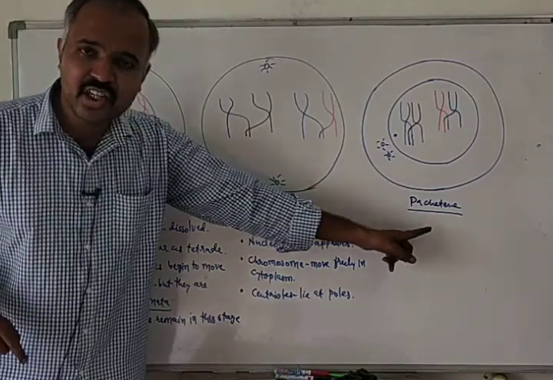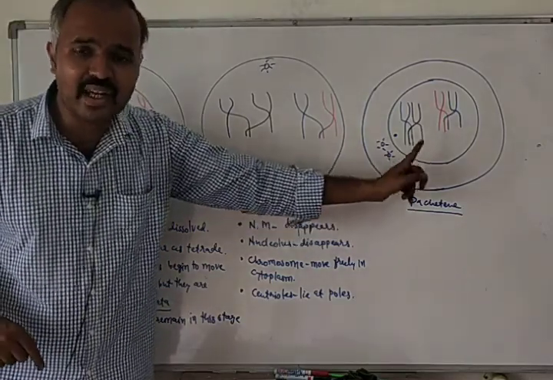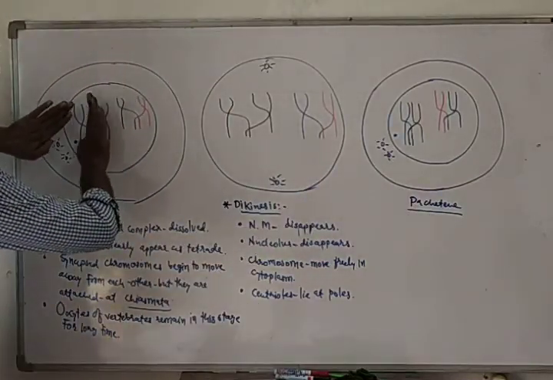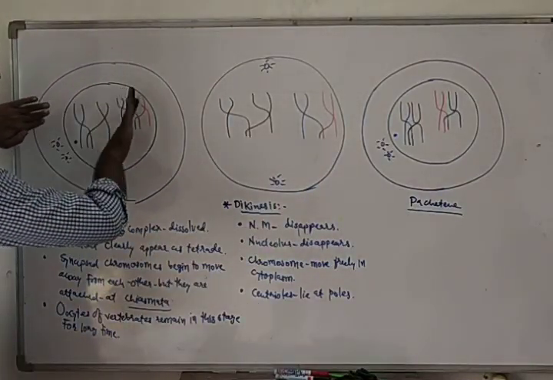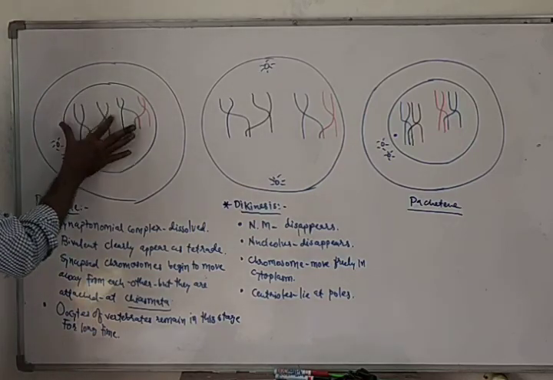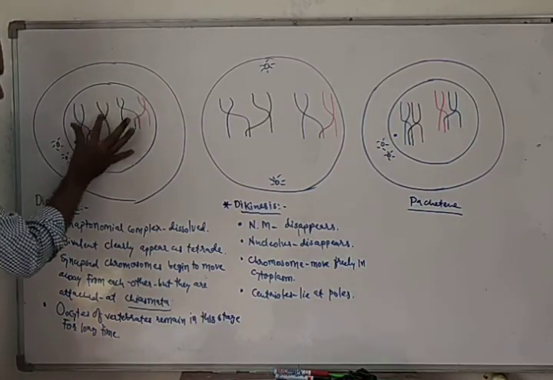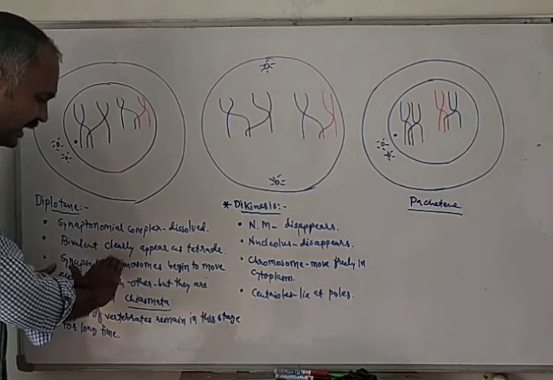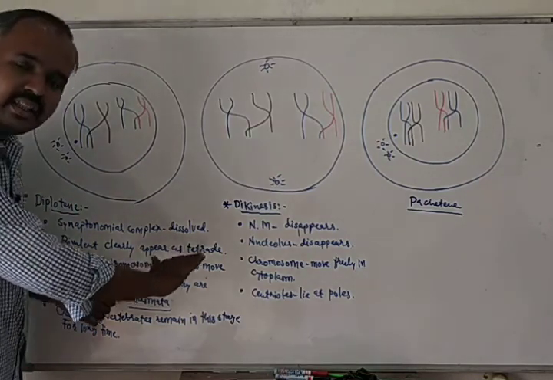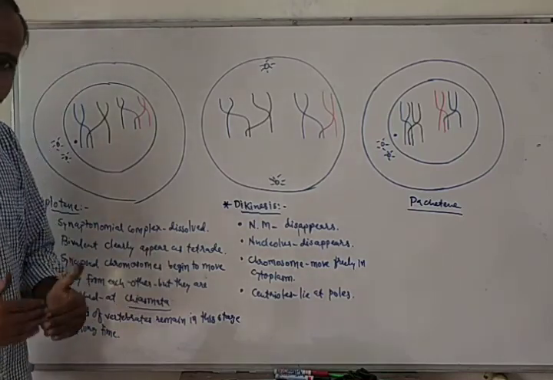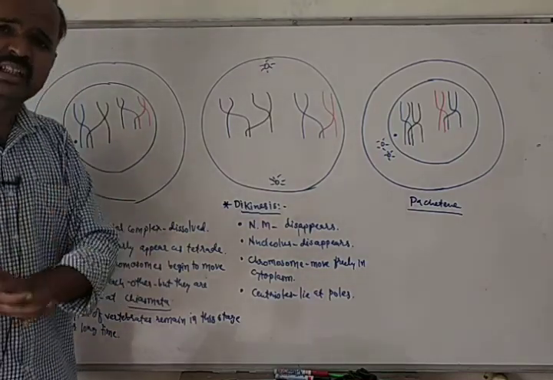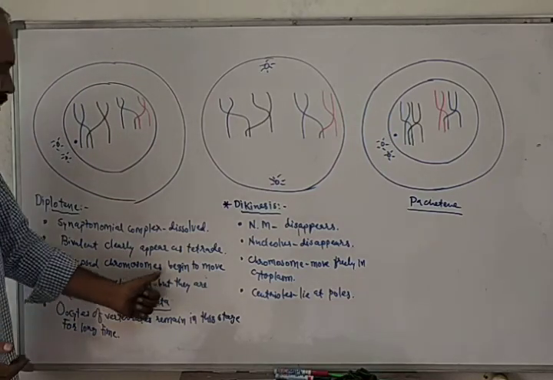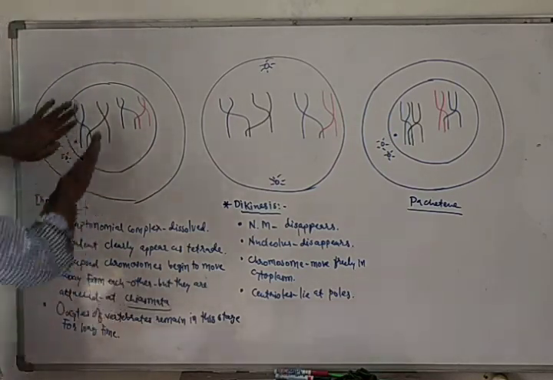Initially in the pachytene stage we could just see the bivalent under the microscope, but now, as the chromosomes are moving away from each other, tetrads are clearly visible under the microscope. Okay, and the synapsed chromosomes begin to move away from each other.